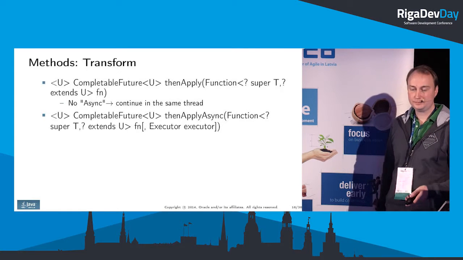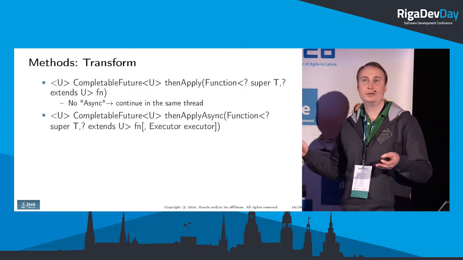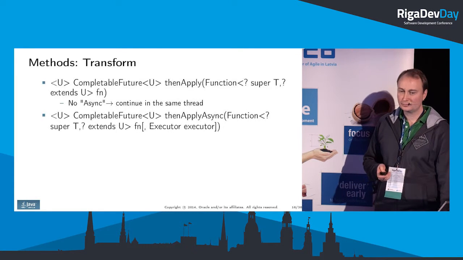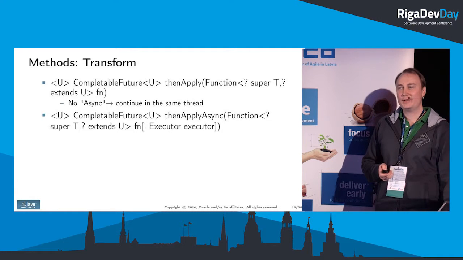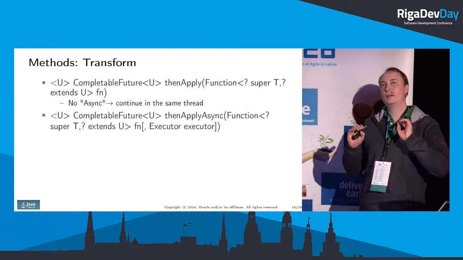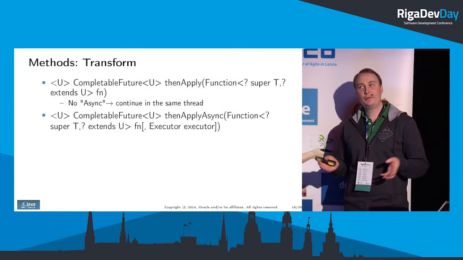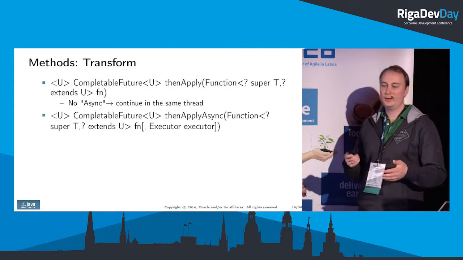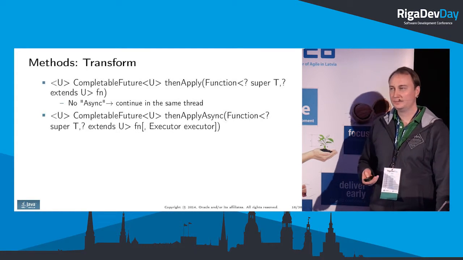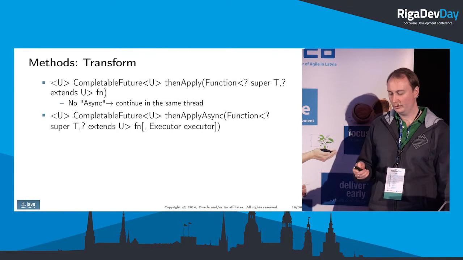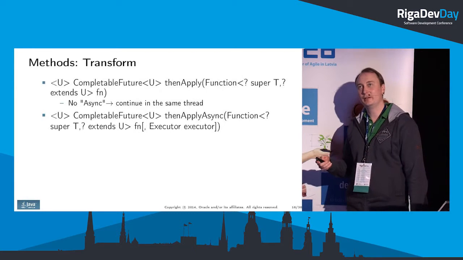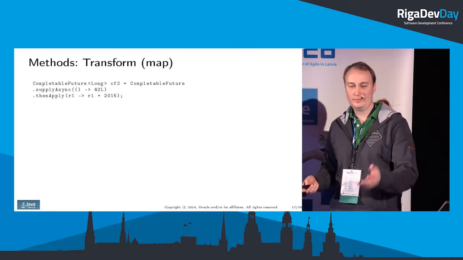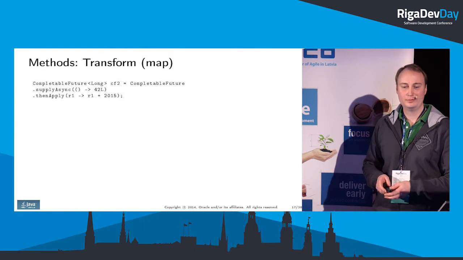Then we can pass some function defined, of course, typically by some lambda, and that will create new task and return completable future that will describe both those tasks, and the result will be a transformation of first result by the supplied function. So sounds maybe a bit complex, but if you look at the code, it's simple.